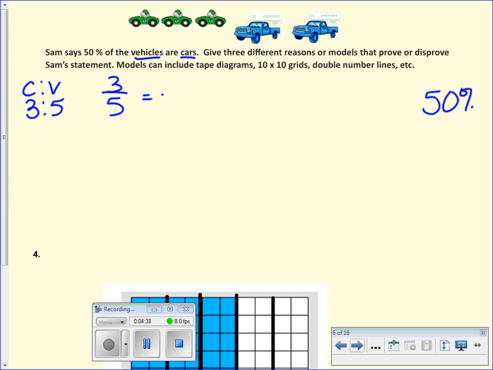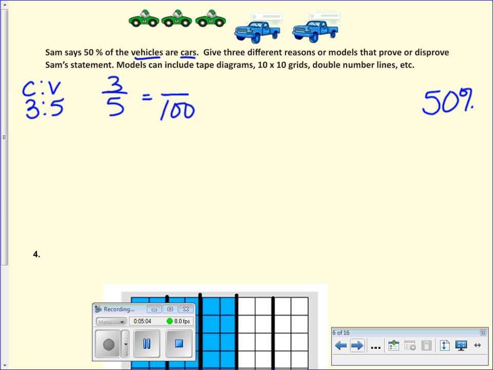What is our whole when we're looking at a percent? What's our total when we're looking at the percent? What does percent mean? Percent means out of 100. So what's our whole? 100.